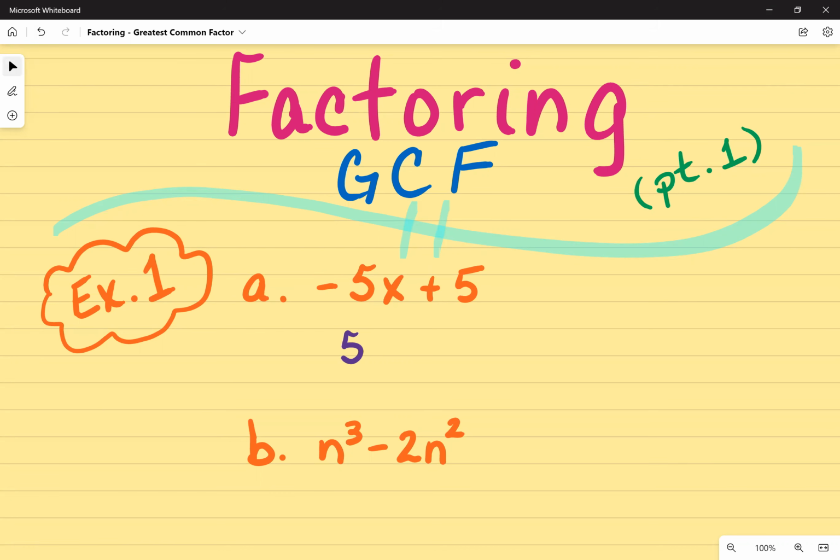Now, a rule that you should also note is your leading coefficient. That means the number that is in front of your highest exponent. So if I'm looking at my terms, the only exponent that I have is x to the first power. My second term doesn't have an x, so it doesn't exist.